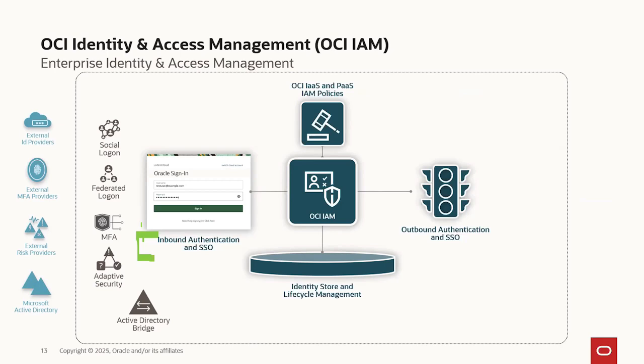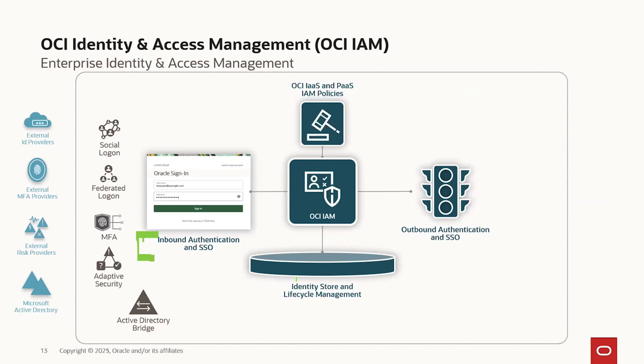What network or location are they coming from? What does their recent behavior look like? We can use that telemetry to then decide whether to allow or deny access, or to step up authentication to a stricter multi-factor authentication mechanism.